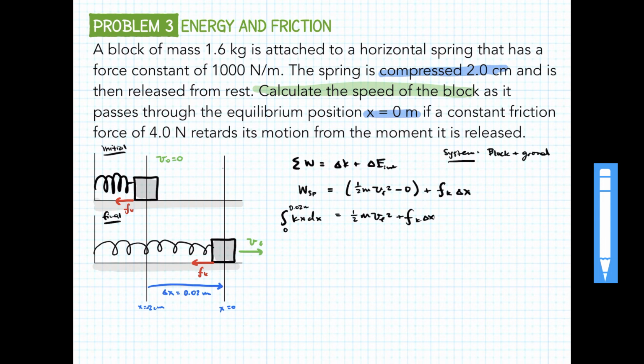So this becomes 1/2 k delta x squared, if you do the integral, equals 1/2 mv final squared plus friction delta x.